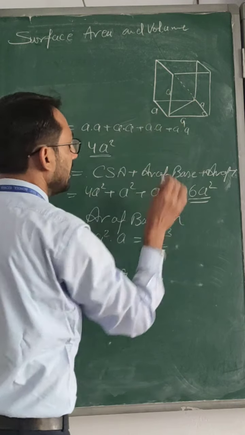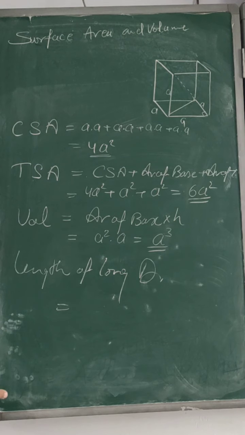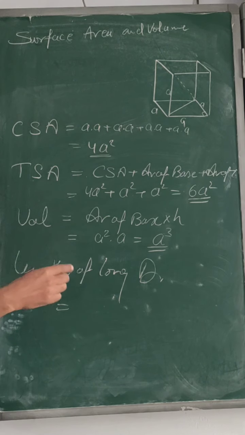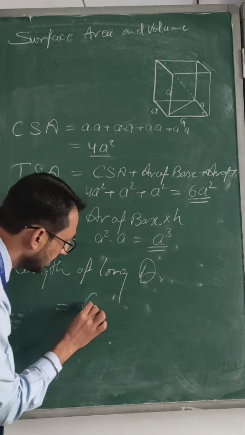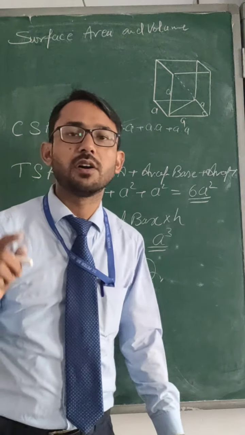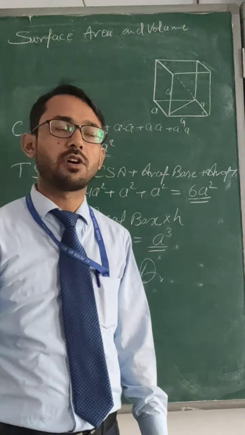So this will again be A. So it will be root 2 A whole square plus A square, that is root 3 A, which will be the length of the longest diagonal or the longest rod which can be kept inside the cube.